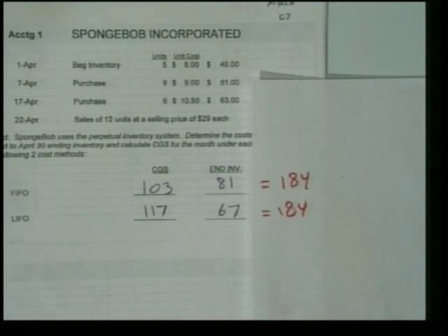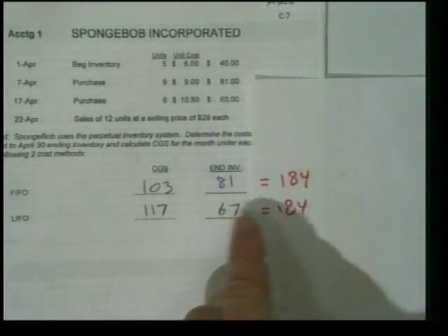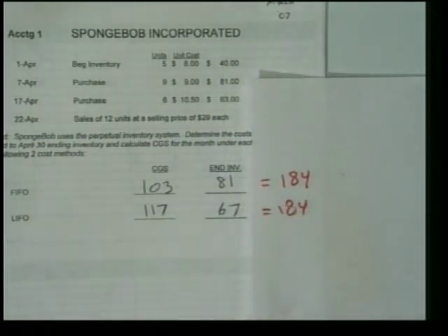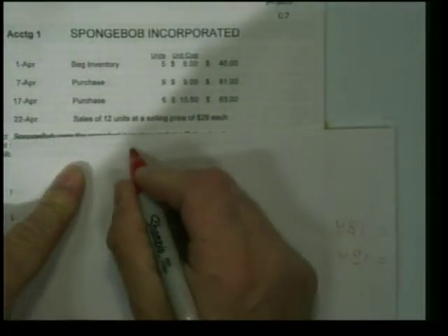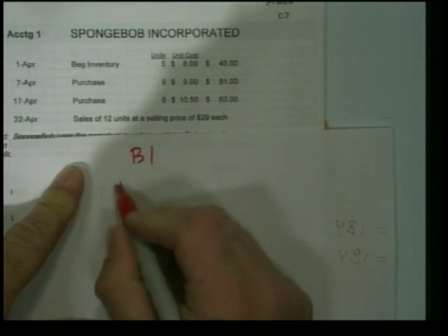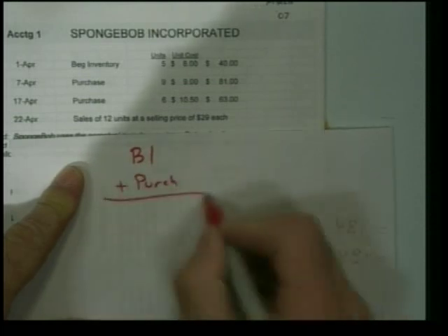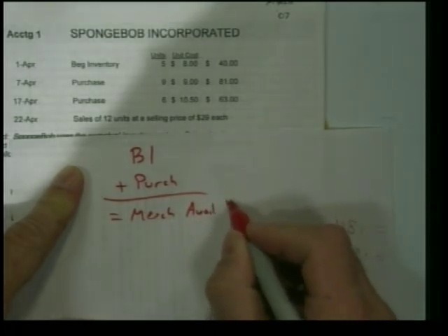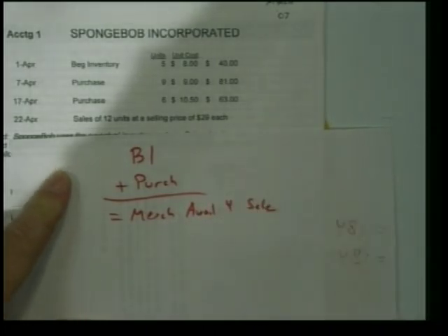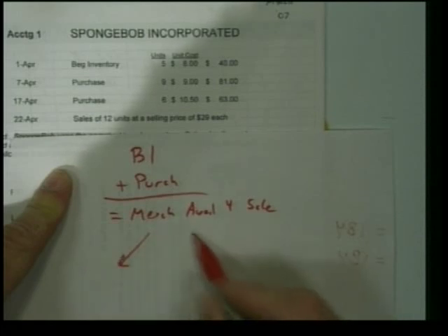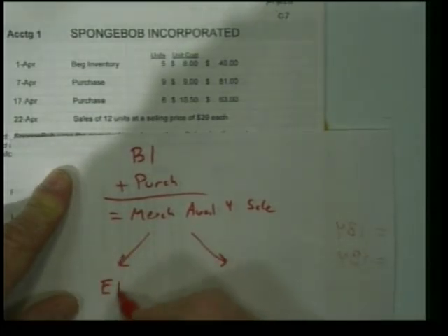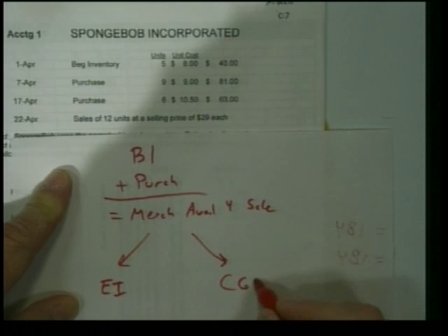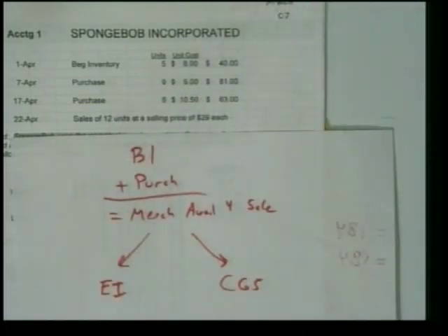Okay? Now, if you're curious why this works, it's because if we go back to that original equation that I taught you, beginning inventory plus purchases equals merchandise available for sale. And then that either has to become ending inventory or cost of goods sold, right? Remember that?